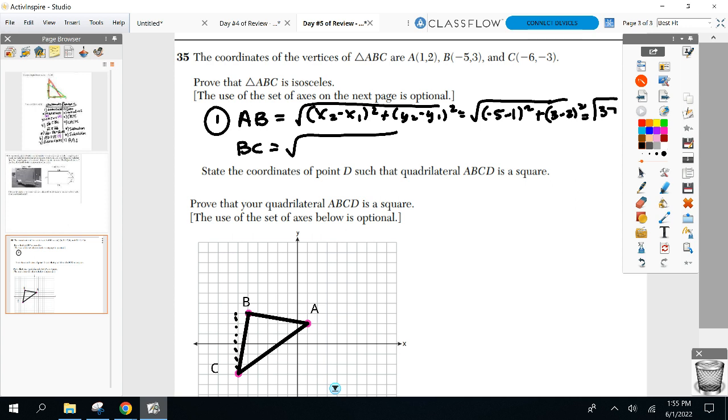And let's hope we get the same thing for BC now when we subtract our x's and our y's. So BC is going to be negative 3 minus 3 plus the y's. Well, I did it backwards. Not that it matters, but try that again. BC, x is negative 6 minus 5 becomes plus 5. And then there, my negative 3 minus 3 squared. Also comes out to be 37.